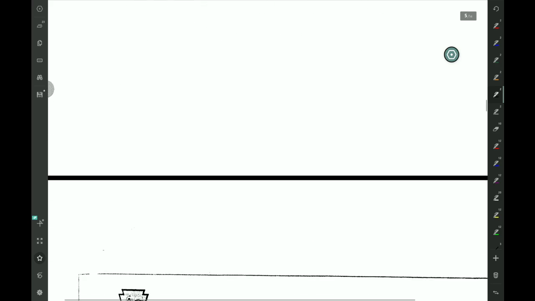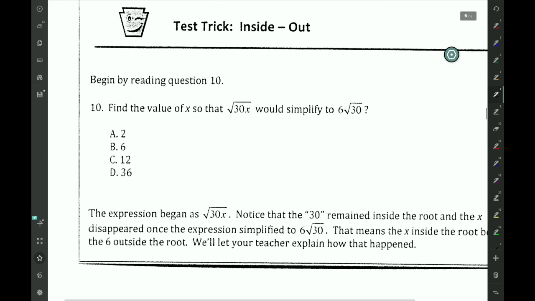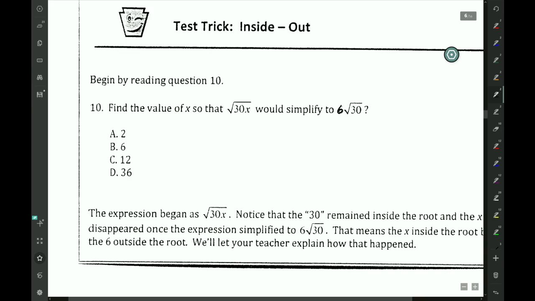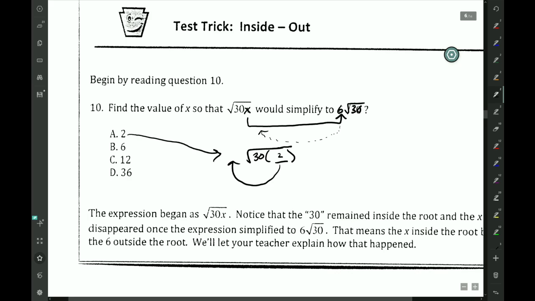From there, these are problems as well. 30x will become 6 roots of 30. It wants to know, what would x be? Well, in order for it to come out as a 6, you need to think of what would make it go back inside. So if this was square root of 30 times what would make it become a 6? You can always try your answers. If I plug a 2 in there, is the square root of 2 6?